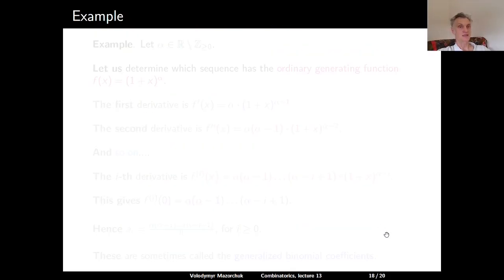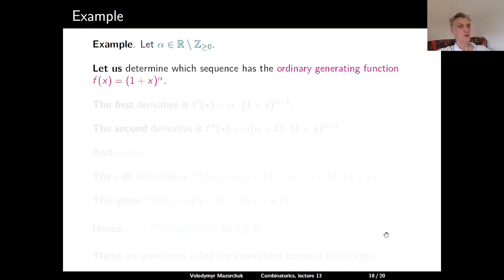Example: let alpha be a non-integer real number. Let us determine which sequence has the ordinary generating function f of x given by (1 plus x) to the power alpha. The first derivative f prime of x is equal to alpha times (1 plus x) to the power alpha minus 1.